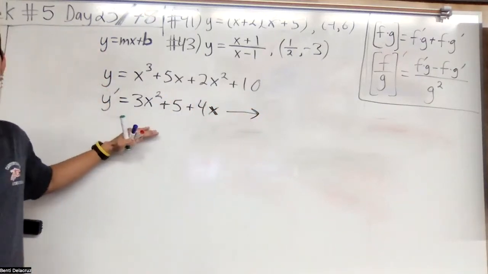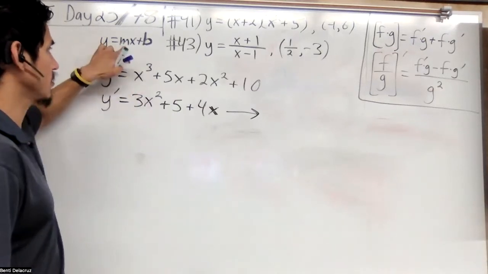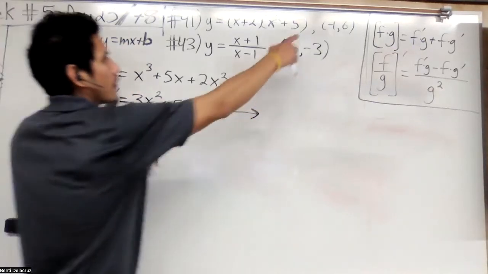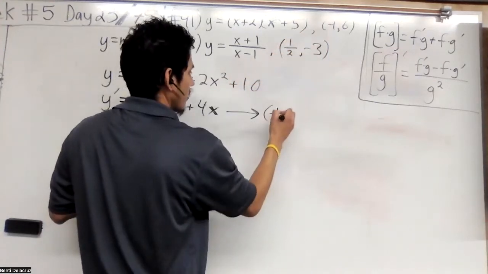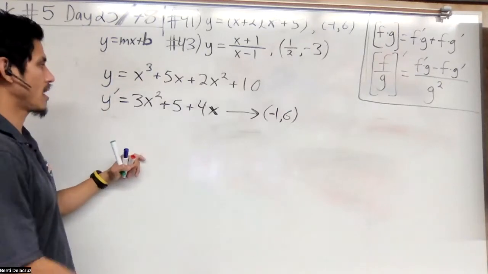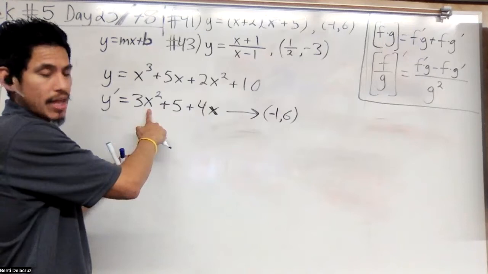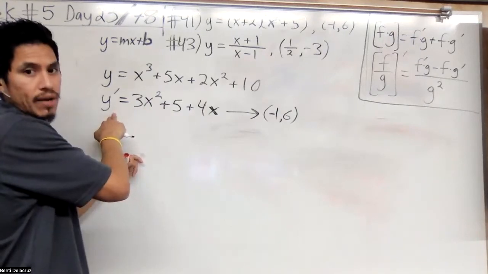Now, I want to find the value of the derivative, or the value of the slope in other words, at the point -1, 6. So I'm going to plug in -1 for x, and then I'm going to get some number for my derivative y prime.